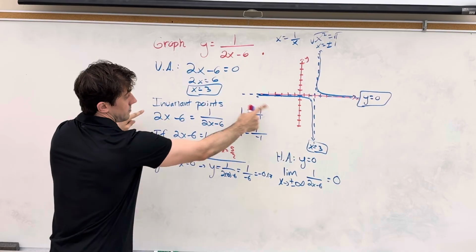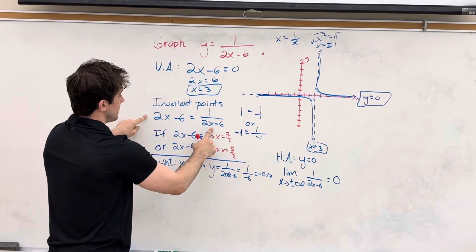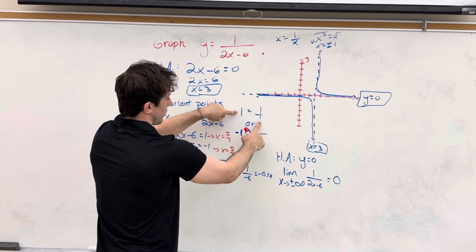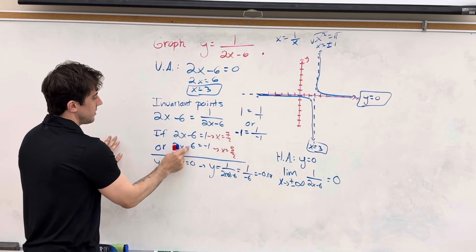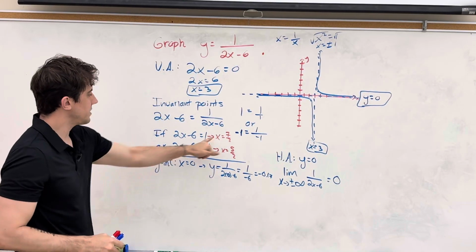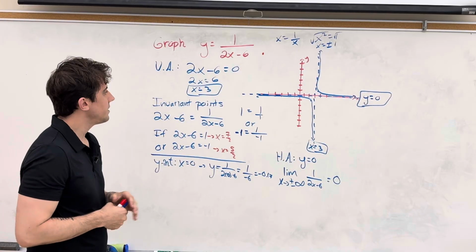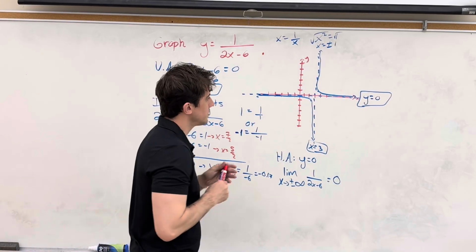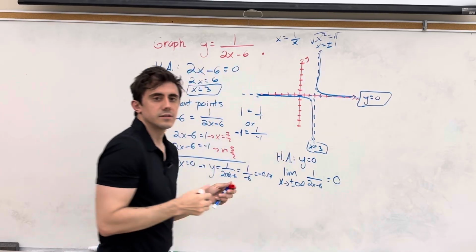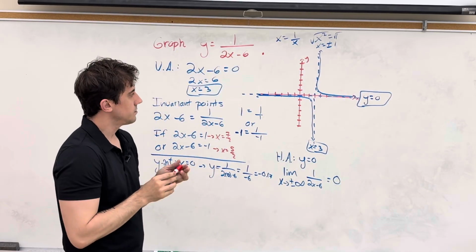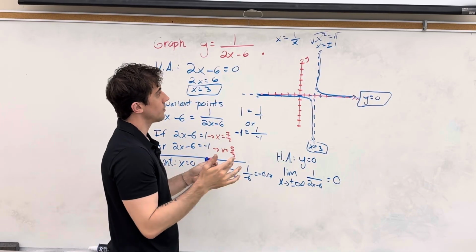The only time all of this works out is if we have 1 is equal to 1 over 1 or negative 1 is equal to 1 over negative 1. And so we have two options for invariant points, and we can solve those for x. And then that gives us two nice hook points to sketch the curvature of our graph.